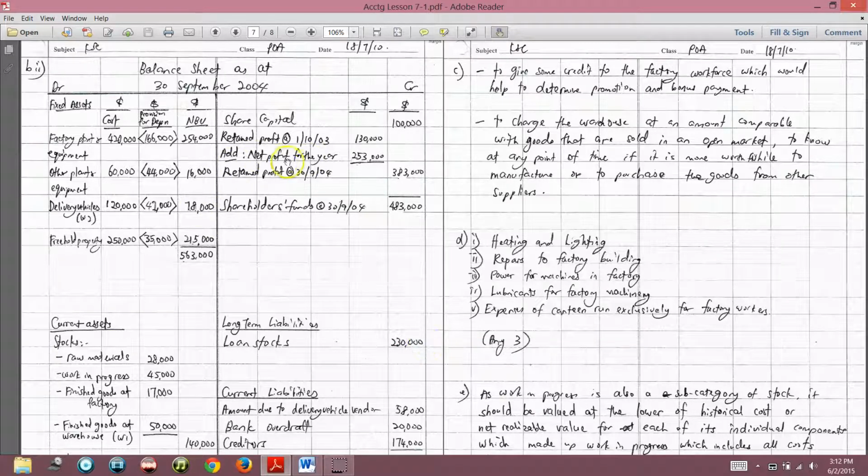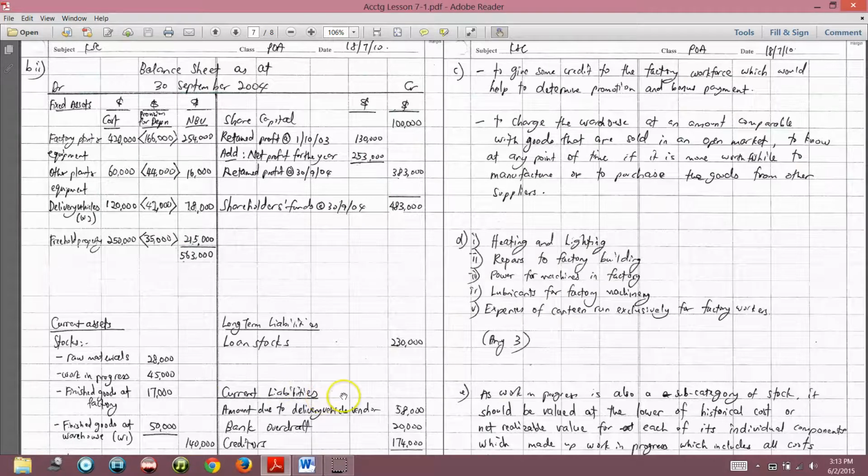Then add net profit or net loss, so you put your net first. Then you have retained profit, profit and loss account 1 October 2000. This one I can hold on first because I don't know the figure.